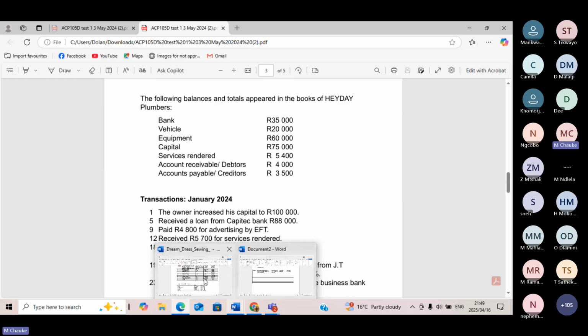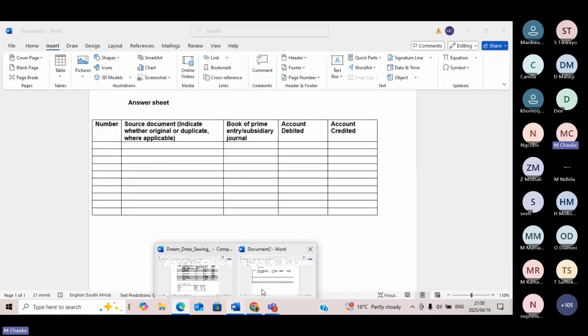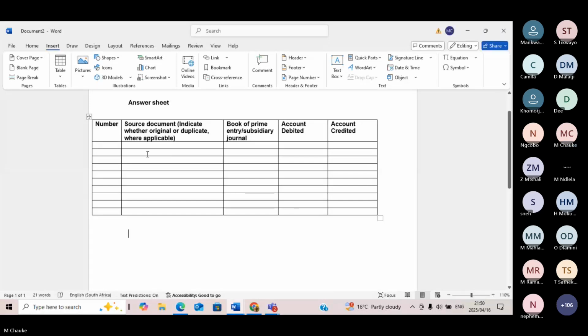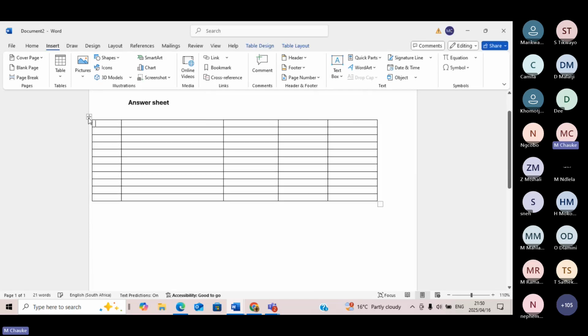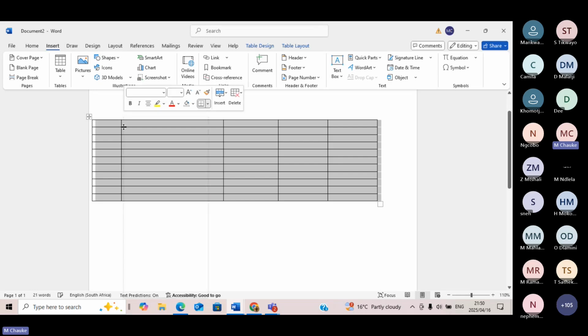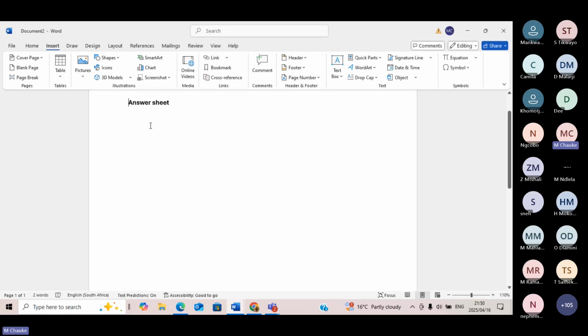So question 2, they want you to prepare ledger accounts, T forms, right? So I'm going to give you a structure of a T form so that we all better understand how T forms work.